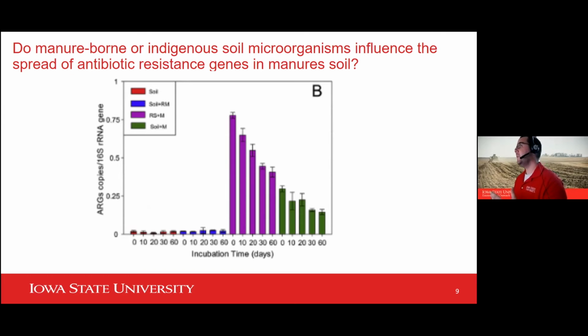So what that tends to indicate is that if we have a relatively robust, healthy soil that has a reasonable microbial community in it, it will be harder for the microbial community added with the manure to persist. They will die out more quickly with time. And that's what we want, right? If the antibiotic resistant genes are associated with things that we're adding with the manure, if there's already more competition there, they can't find space and they get out competed and die off, it helps remove those genes.